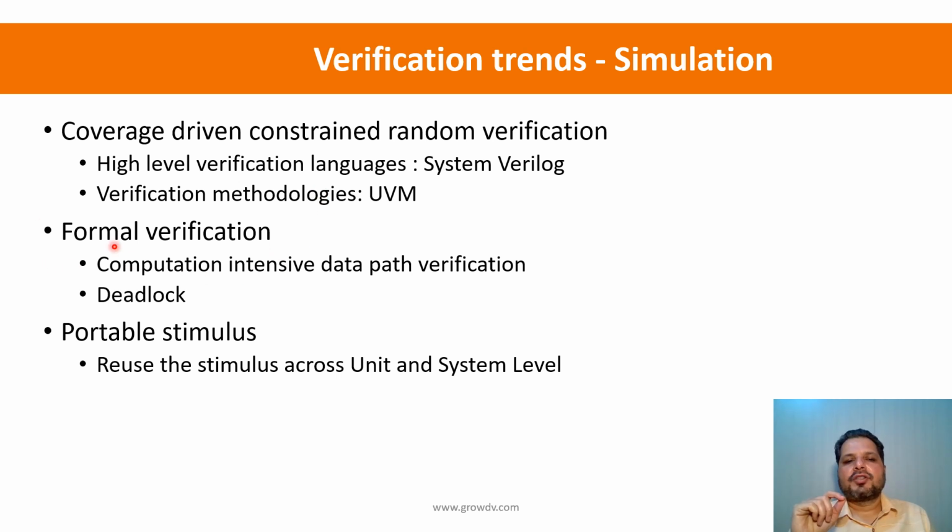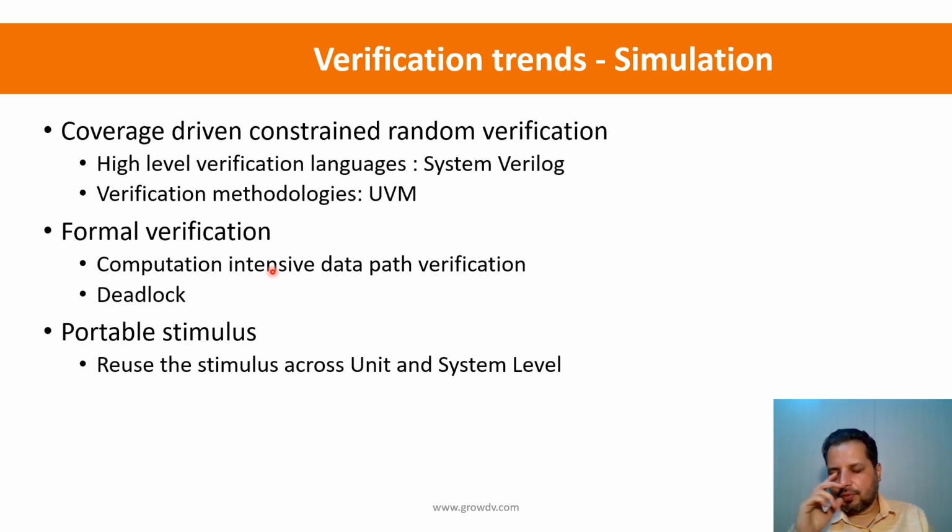The second one, which is static verification as opposed to dynamic, is also called formal verification. Formal verification is gaining a lot of prominence for specific areas. If there is a lot of compute intensive type of design, especially for microprocessor verification, it's gaining a lot more traction because there you want to prove the absence of bugs in the data path.